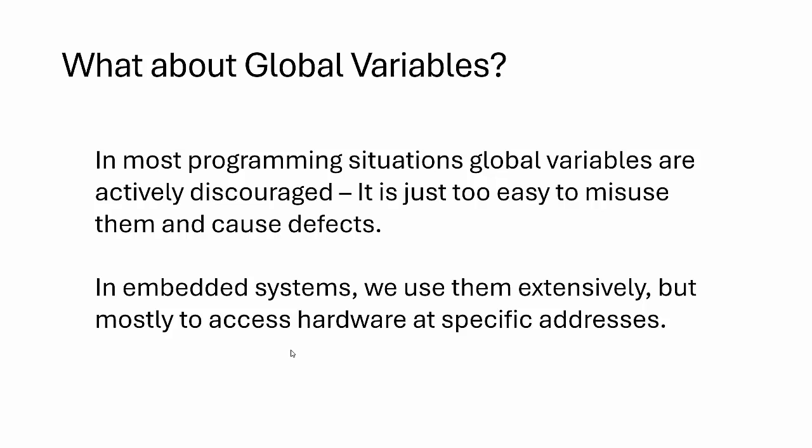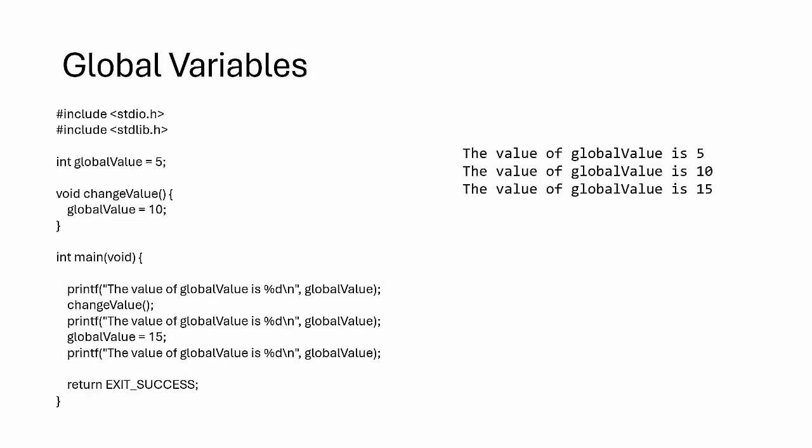In many programming environments, they're going to ask you not to use global variables because they're easy to misuse and they can cause defects. However, in embedded systems, we use them pretty extensively, but mostly to access hardware that's at very specific addresses. But let's talk briefly about what a global variable is.